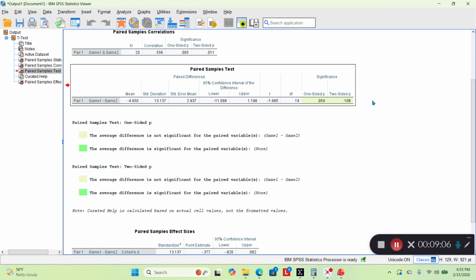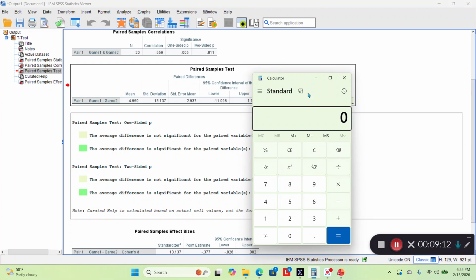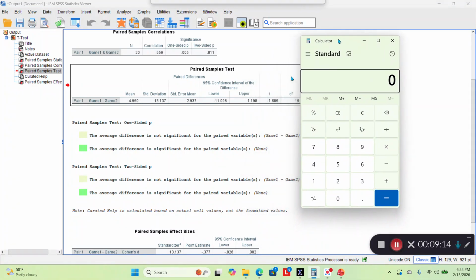Okay. All right, so we're going to calculate our percent change. So I should already have my calculator up. All right, so the percent change is going to be the post score minus the pre-score divided by the pre-score, and then times 100.